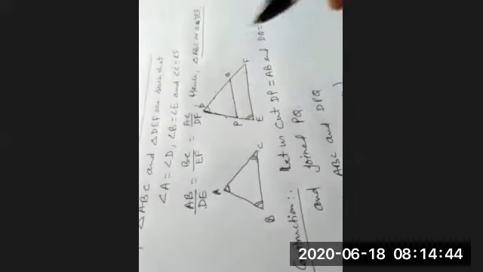And you can write angle A is equal to angle D. This thing is given, and these two we have taken by construction. So you can write by side angle side, triangle ABC is now congruent to triangle DPQ. Can you say?